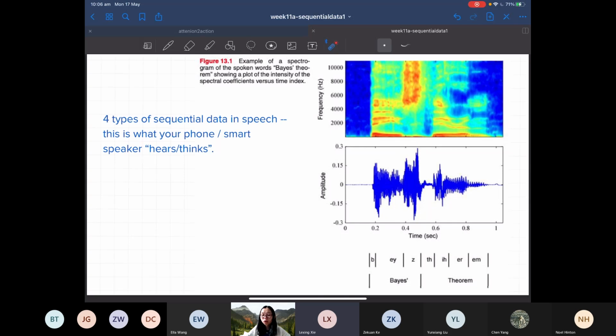So you can see that your phone or your smart speaker will need to basically go from the waveform. Going from the waveform to the Fourier domain is pretty standard, although in the age of deep neural networks, this part has also been revamped or reinvented, and you can actually learn a frequency representation nowadays.